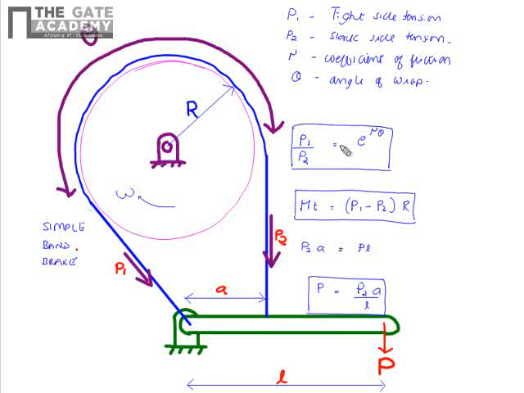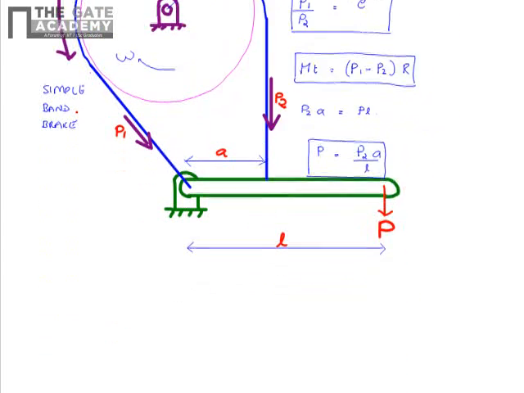In this case, the ratio of the tension in the tight side to the slack side is given by e power mu theta, where mu is the coefficient of friction between the lining and the brake drum, theta is the angle of wrap, and the retarding torque, or the torque absorbed by the brake, is given by P1 minus P2 into R, and P is given as P2 into A by L, where A and L are linear length dimensions, and P2 is the slack side tension. So this is about the simple band brakes.